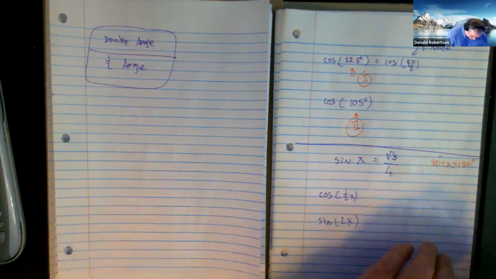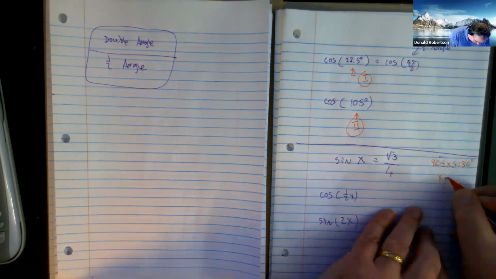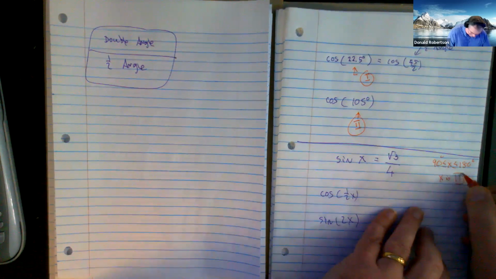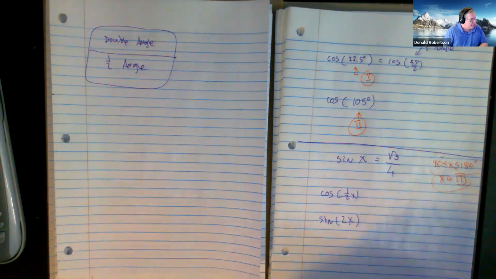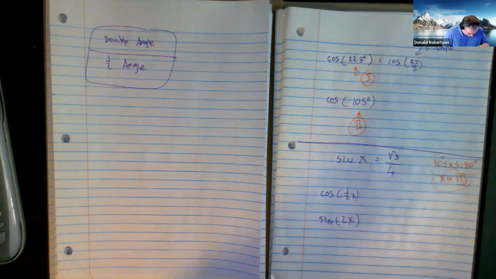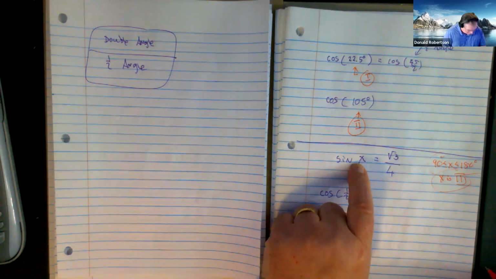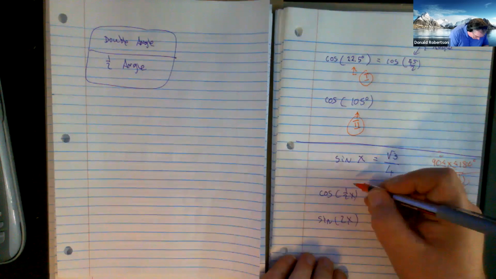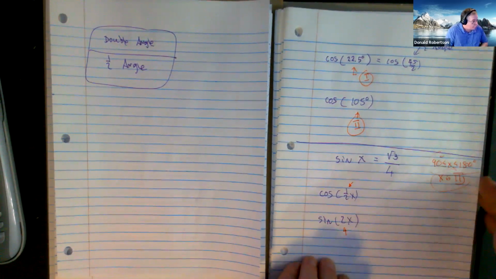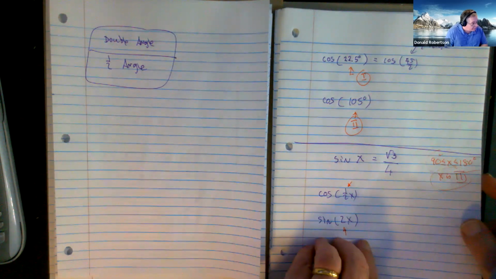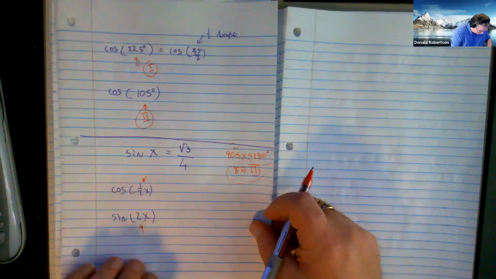Or sometimes they just tell you a different version, x is in the third quadrant. They're going to tell you that, or something that will allow you to tell what quadrant x is in. Now, I know what quadrant x is in, but I need to know what quadrant, say, half x is in or 2x is in. So let me show you how that would work.